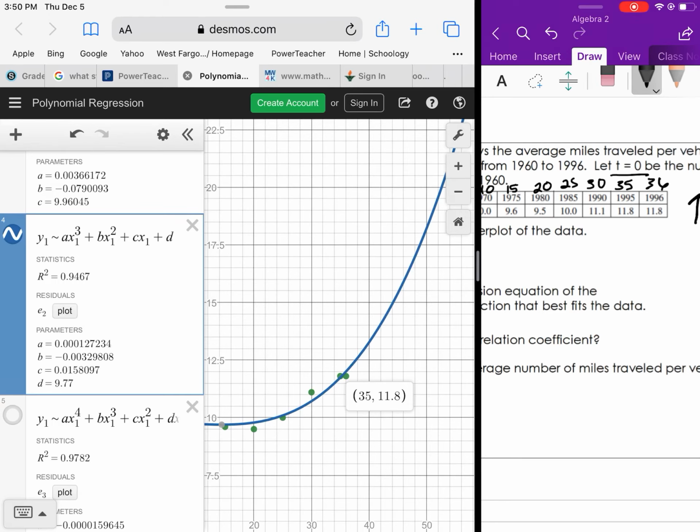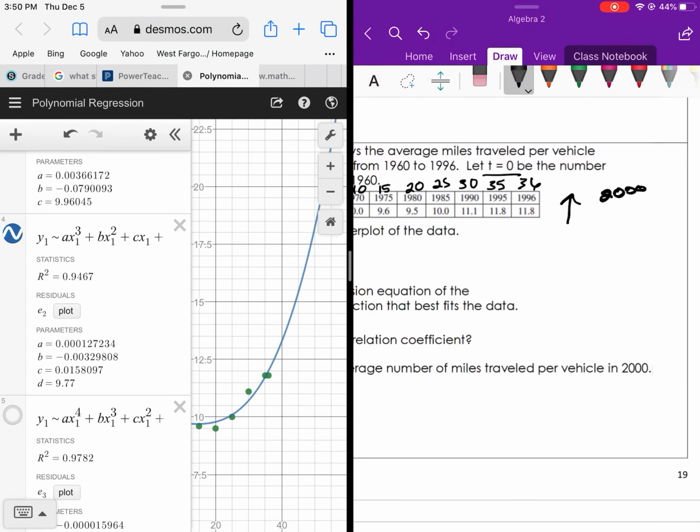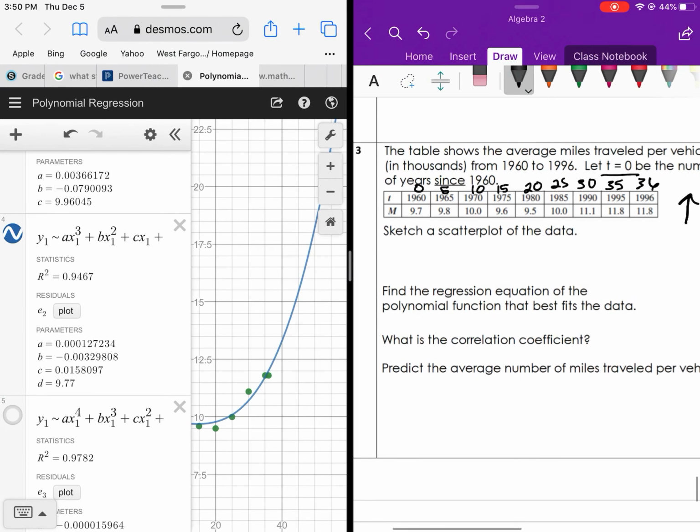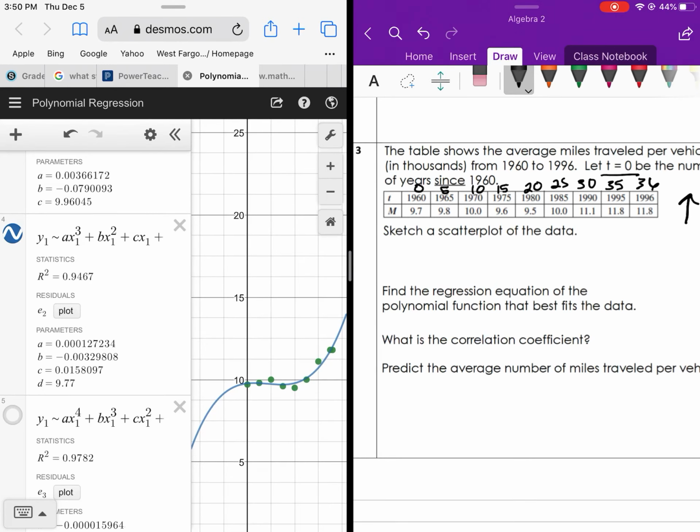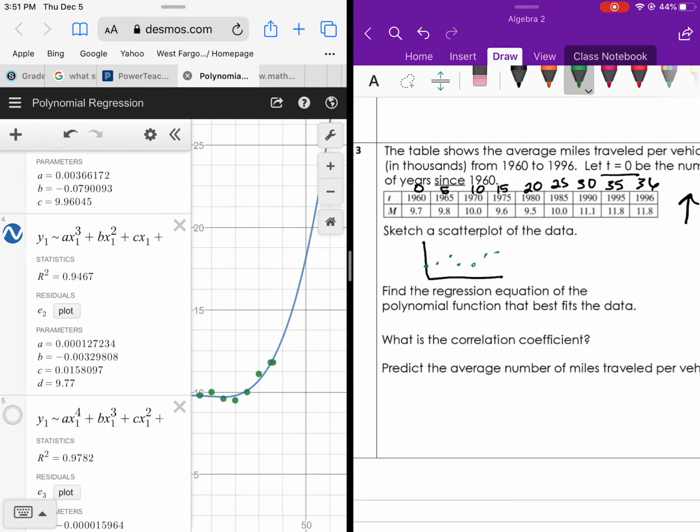The further on we go, I'd feel more comfortable using the cubic model, which means a sketch would just be, oops, a picture of this. So something kind of like, you know, a picture.